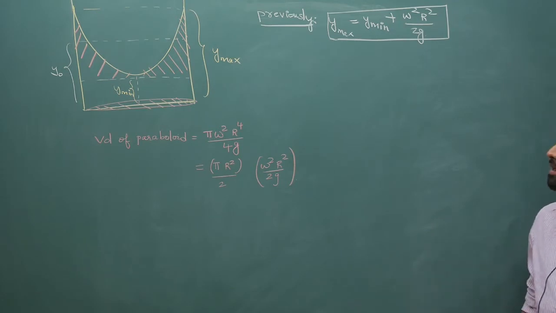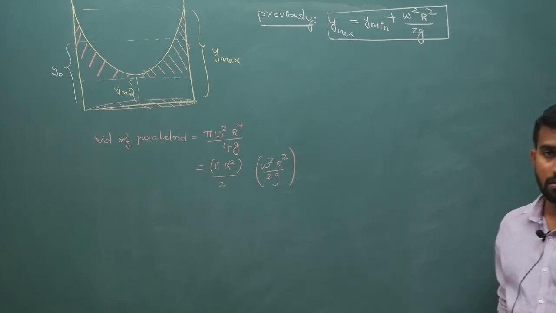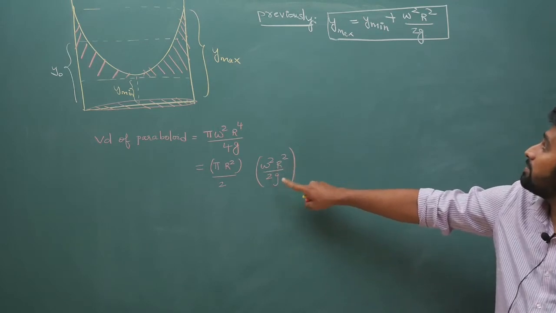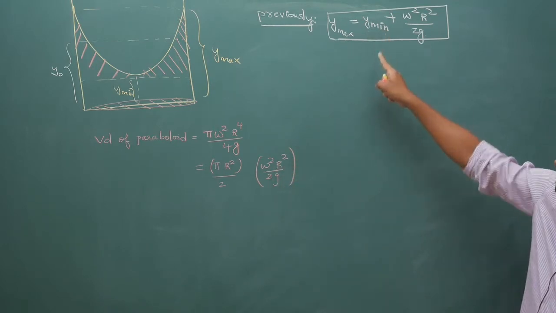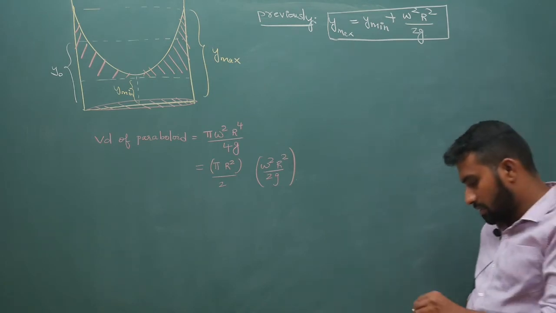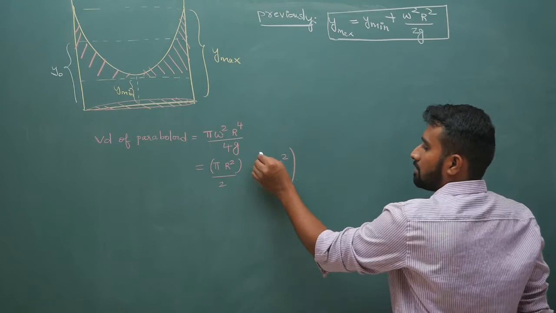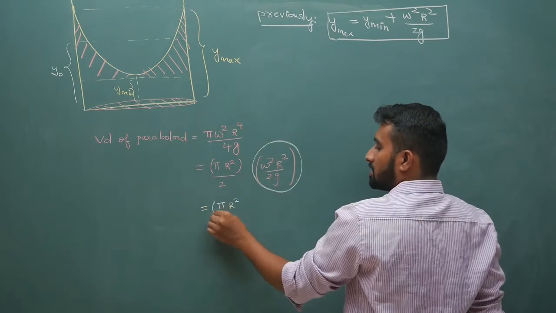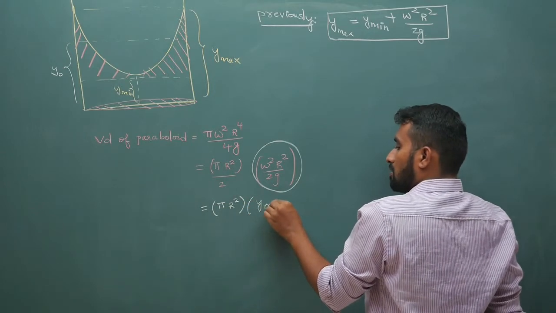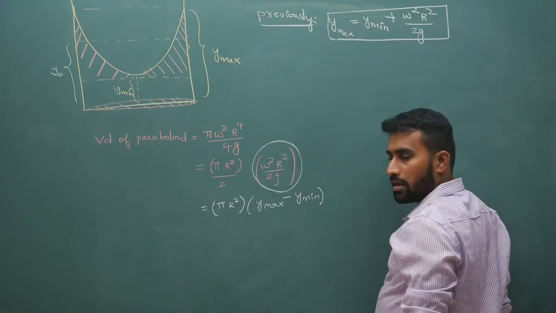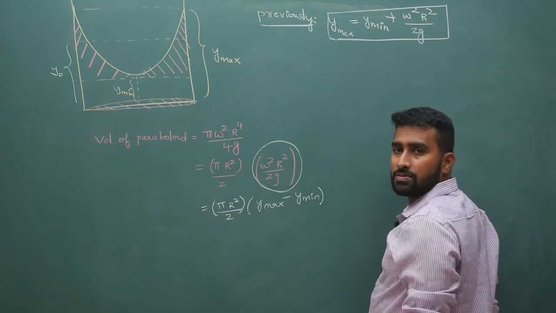Your volume of paraboloid is, if you observe carefully, what is your omega square r square by 2g means? It is y max minus y min. So this part is y max minus y min. So it is pi r square times y max minus y min, pi r square by 2 times this much.